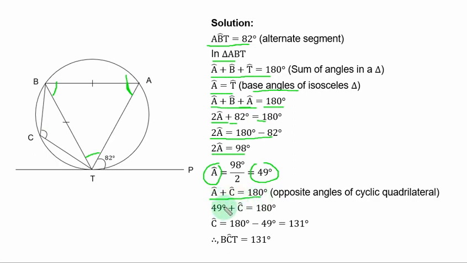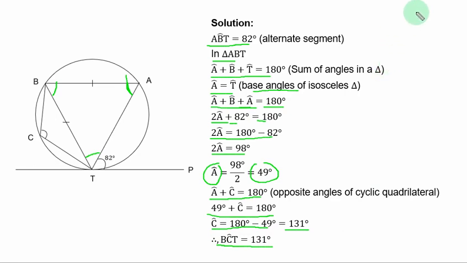You replace angle A with what it stands for. To get angle C, which is BCT, you transfer 49 degrees to the right hand side, and you have 131 degrees. Therefore, angle C, written using 3 letters notation, that is angle BCT, is equal to 131 degrees.